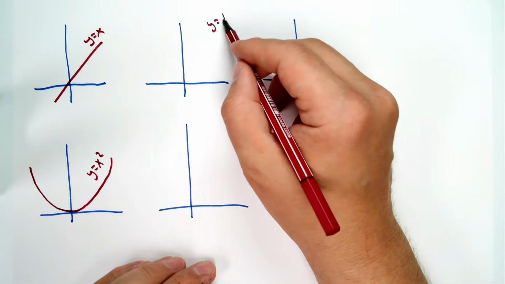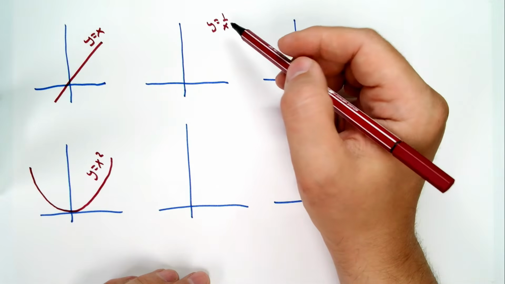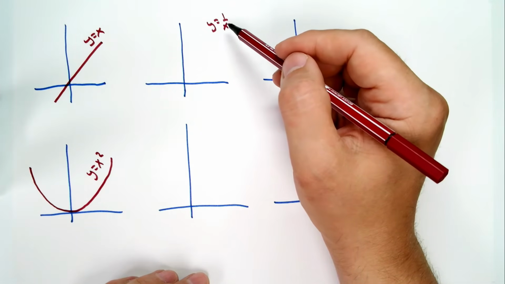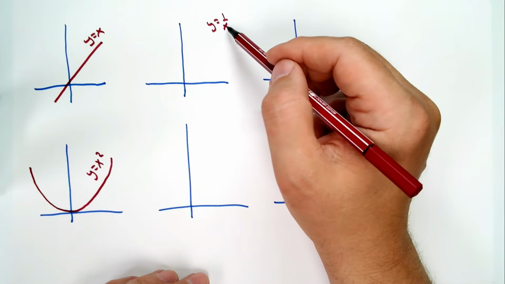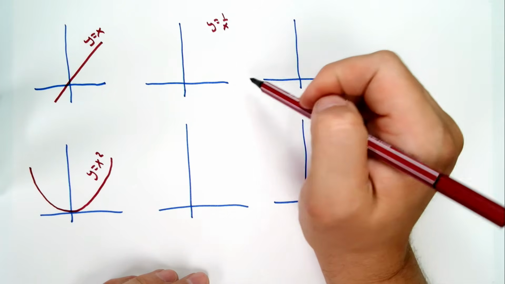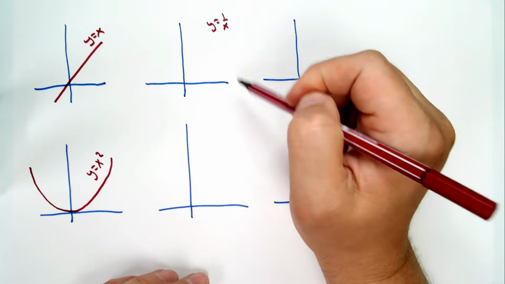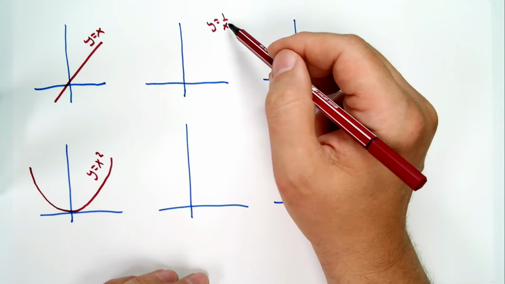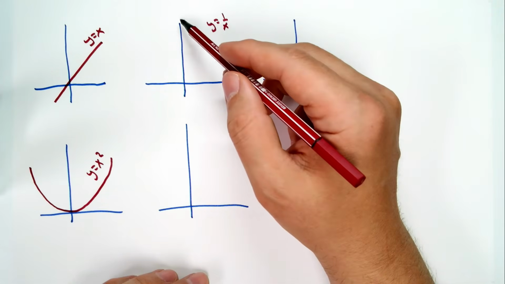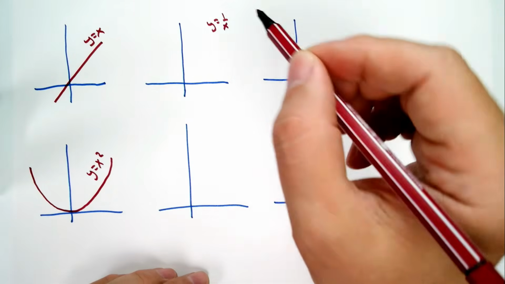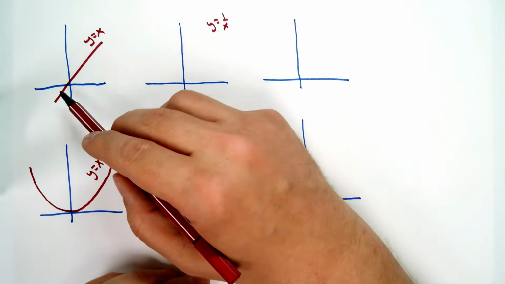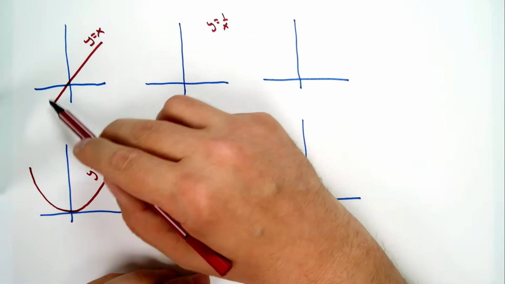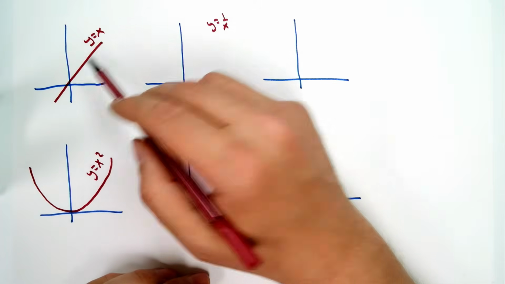Now let's think about what's happening. If I have an expression like 1 over x, when x is a large value, 1 over x is small, so it should be small towards the ends. On the other hand, if x is small, 1 over x will be big, so it should be very large. Now we have to pay attention to the sign. Notice here, x is negative to the left and positive to the right.